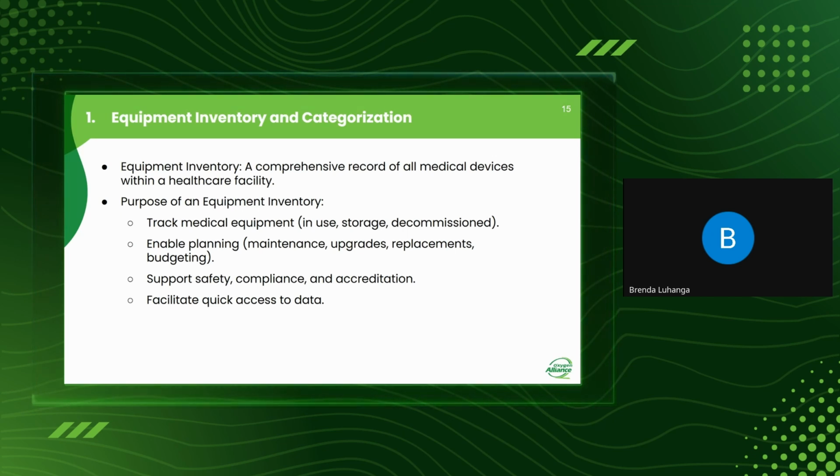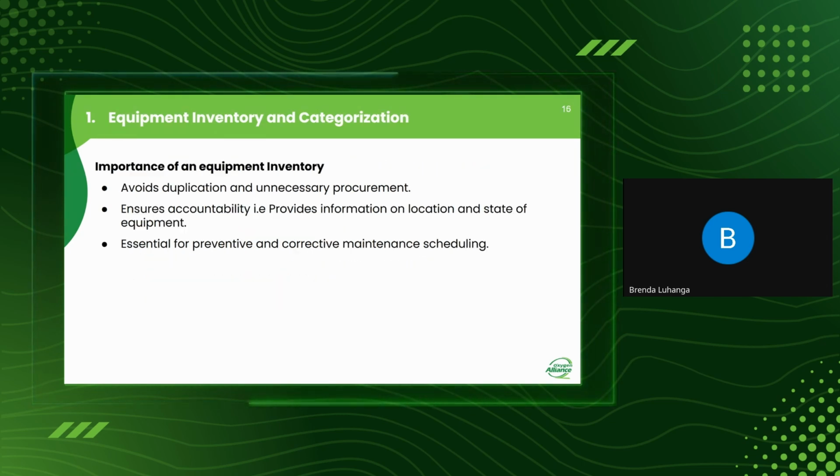This also facilitates quick access to data of medical equipment, as already mentioned. Equipment inventory is important as it avoids duplication. Let's say you have certain medical equipment that you have already recorded; with the previous records, it will easily prevent someone else from recording the same device all over again in the system.